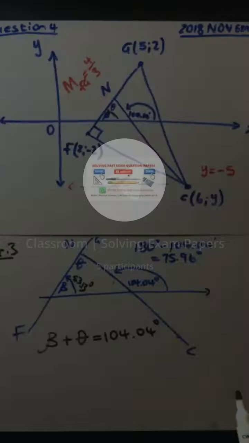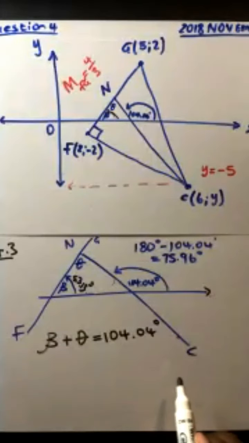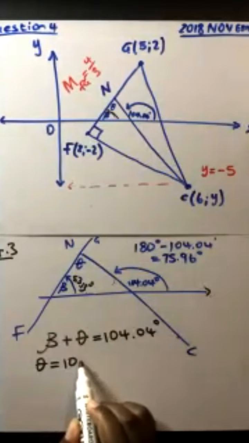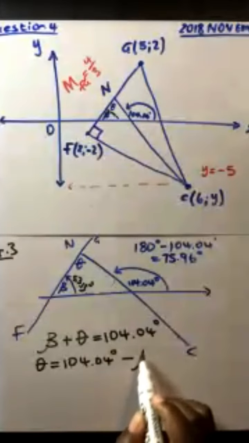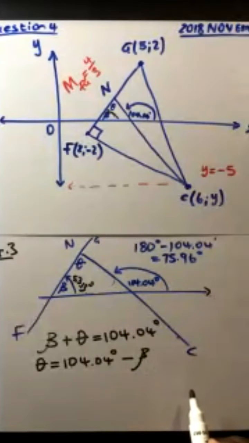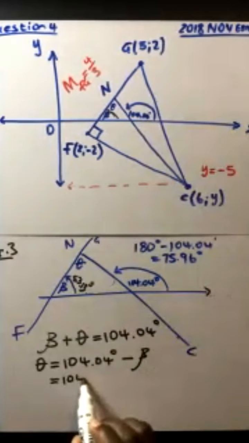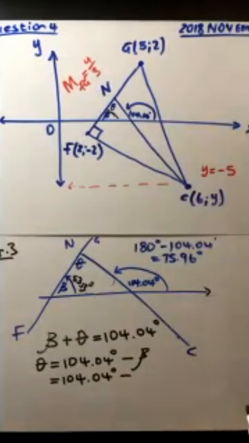And then we'd make theta the subject of the formula by taking the value for beta to the other side, which is minus beta, ne? Yes, sir. Then what else? I think that's just about it.